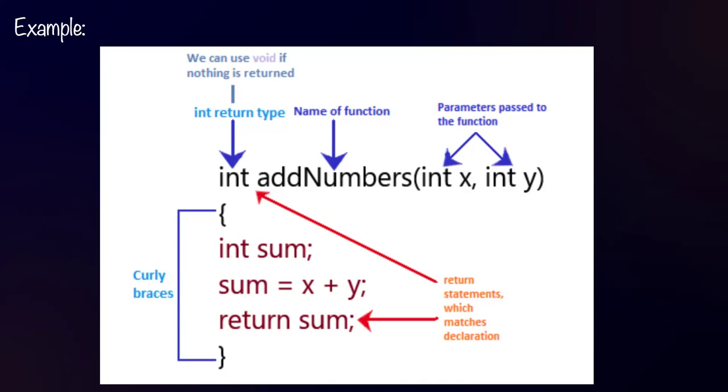Just now we have studied the parameters. Then come the curly braces, the whole code over there. Now you see the return statement which matches the declaration. This is how the addNumbers function is being declared.